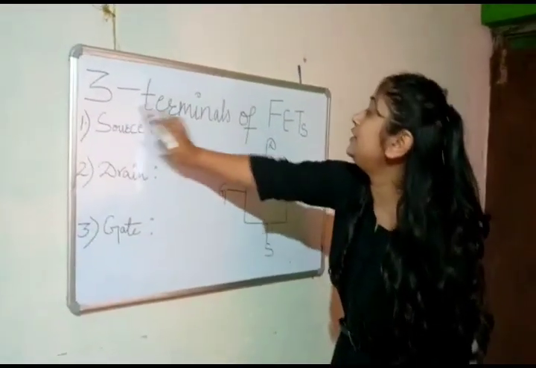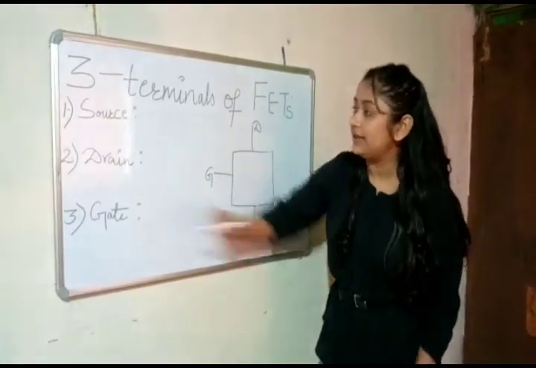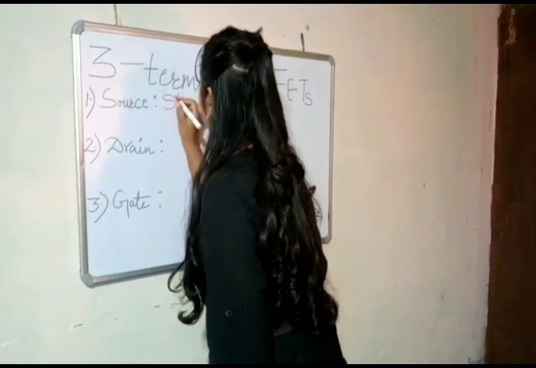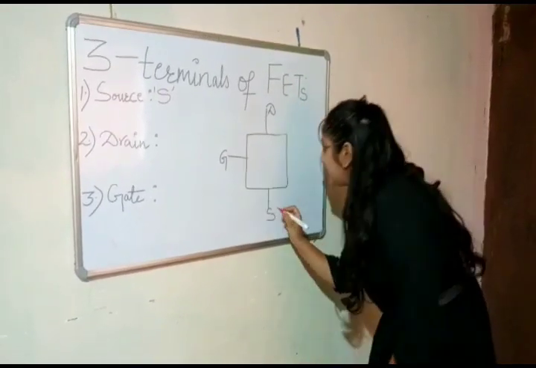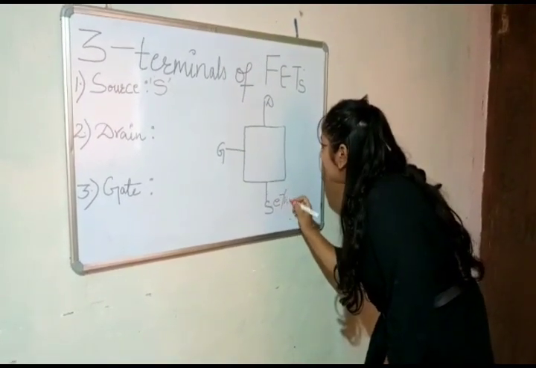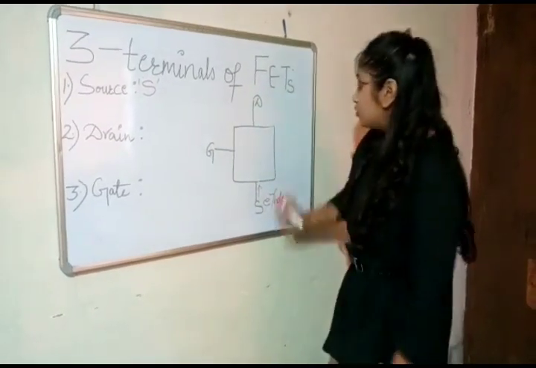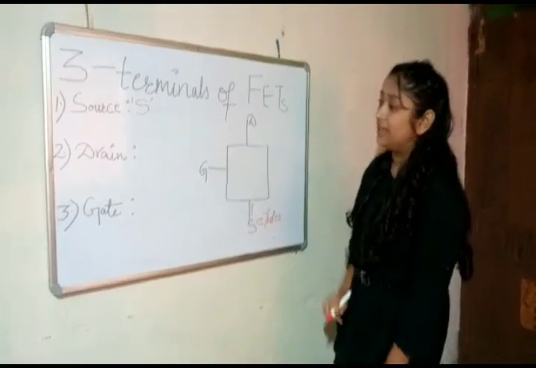So now let us briefly discuss the three terminals of FETs, that is source, drain and the gate. Source, it is denoted by S. Source is a terminal through which electrons or holes enter the channel.